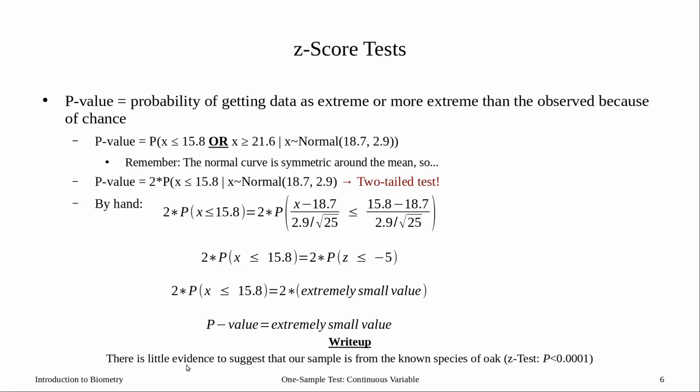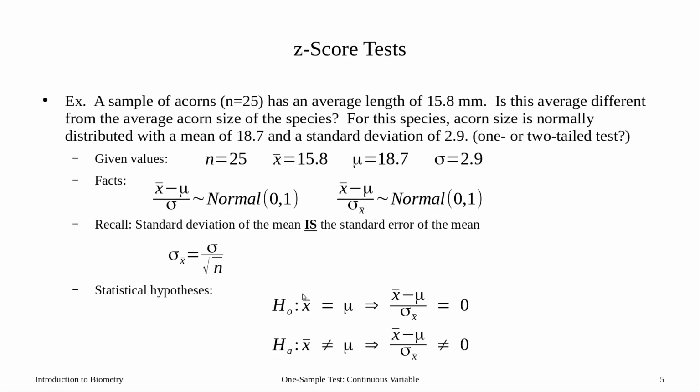Now you can say, why did I come up with this? Well, it comes from the p-value. This is our null hypothesis, that our sample mean is equal to the population mean. Our p-value is extremely small. So the probability that we would actually get a value of 15.8 or more extreme is really, really small.